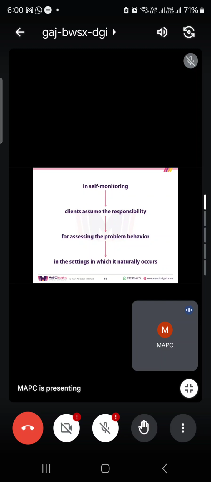In self monitoring, clients assume the responsibility for assessing the problem behavior. Here, clients take the responsibility for assessing the problem behavior in the setting in which it naturally occurs. Because it's self monitoring. So, in my day to day activity, I am observing my behavior. So, that is happening in a natural setting only.